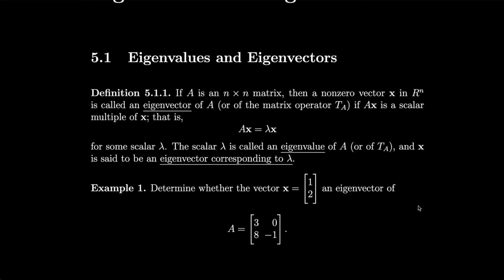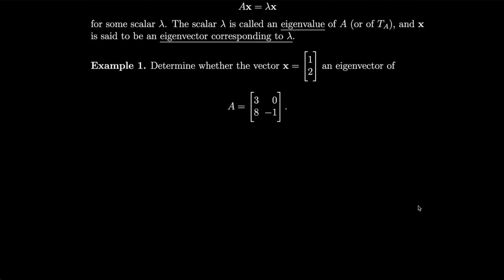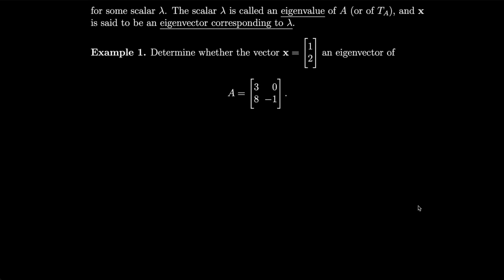As an example, how about we determine whether the vector x equals (1, 2) is an eigenvector of A? Well, if x is an eigenvector of A, then that means that if we take A times x, that should be the same thing as scalar multiplying x.